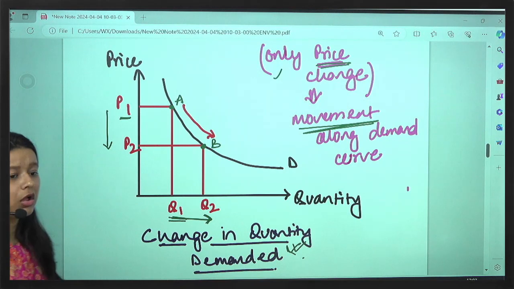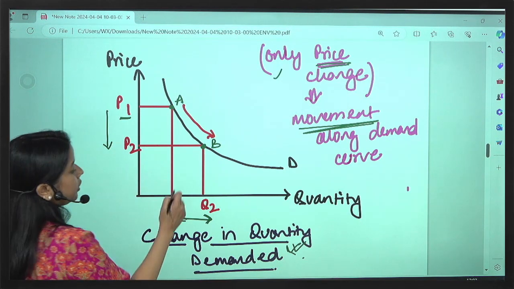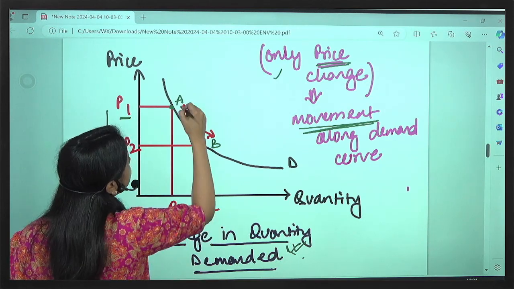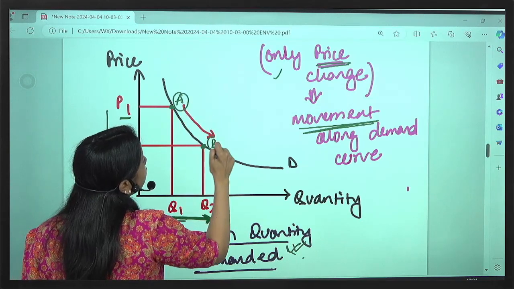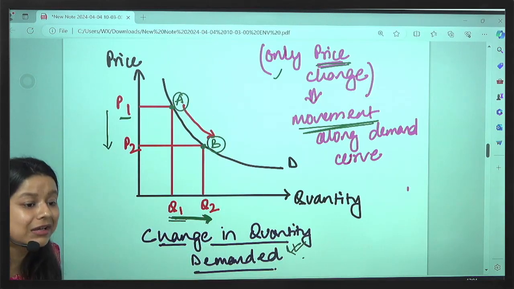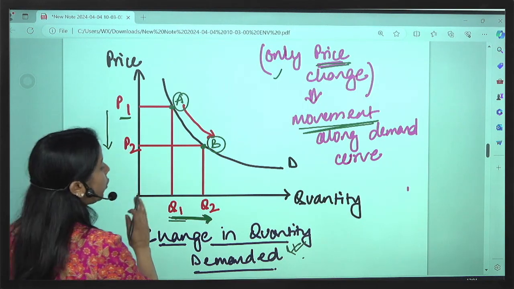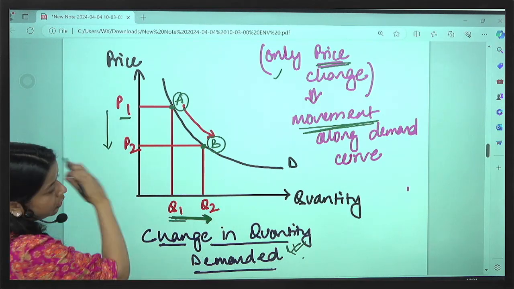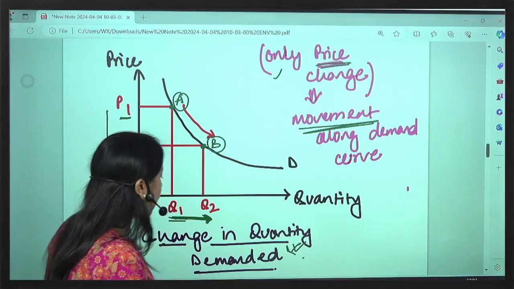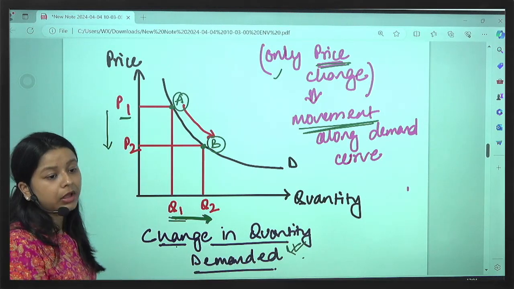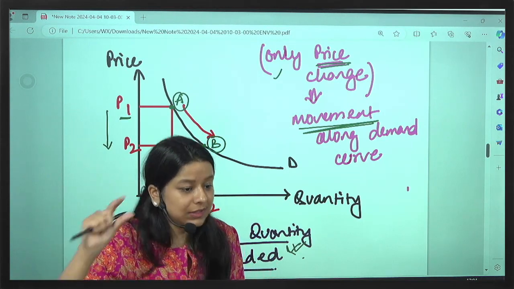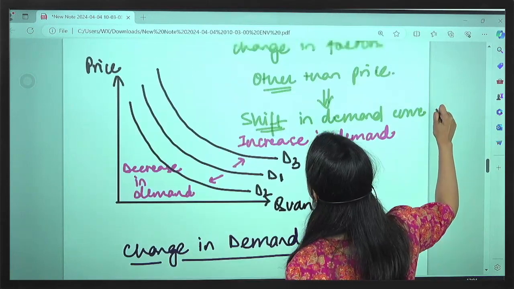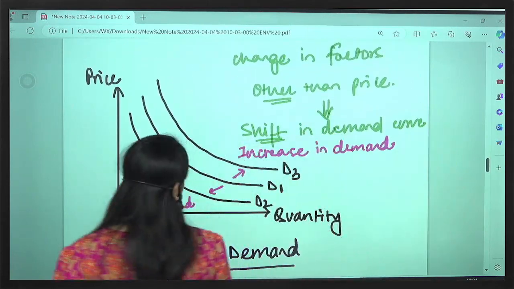You can see there is a movement from Q1 to Q2, from point A to point B on a single demand curve. When the price goes down, quantity increases. If the price had gone up, quantity demanded would have gone down. This is known as a change in quantity demanded. 5 kgs goes up to 6 kgs.